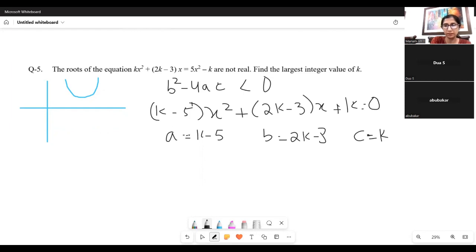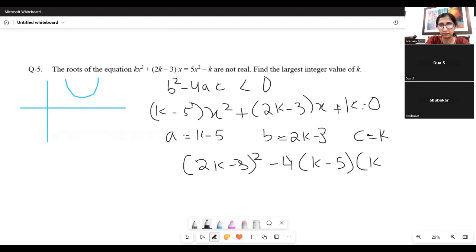So b square would be 2k minus 3 whole square, minus 4 times k minus 5 times c, which is k, is less than 0. Let's expand this. So we get 4k square minus 12k plus 9.